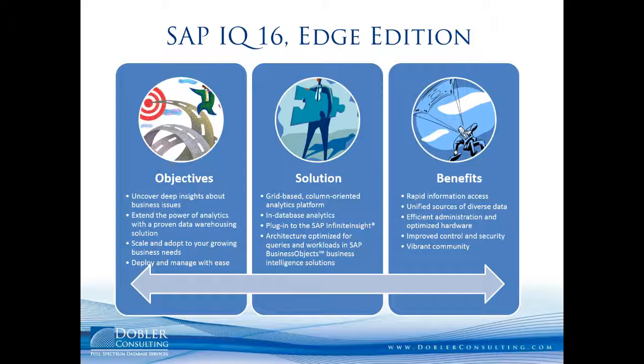Edge Edition is essentially a fully functional SAP IQ Enterprise Edition with all the functionality that you know or want to use from this system, but it is limited in the number of cores. So you can't run it on a high core system, but you also can't run it in a multiplex. So these are the limitations that you have.